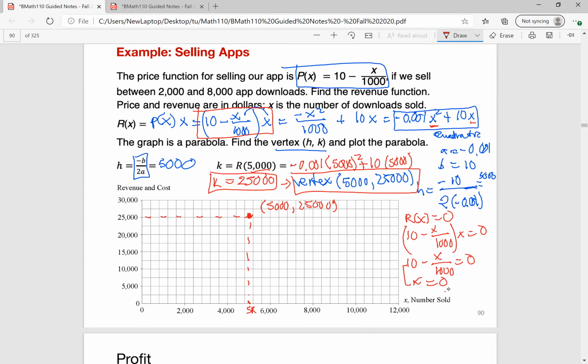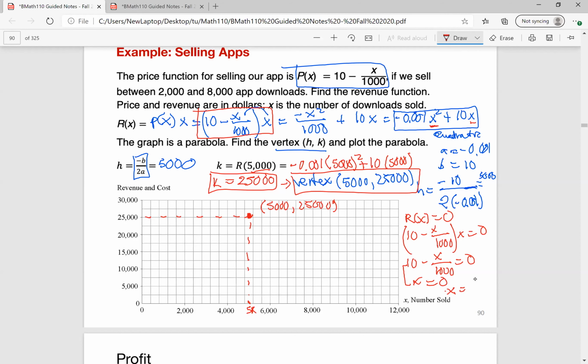The first case will give you x equal to, multiplying by 1,000 on both sides, 10,000. So 10,000 and 0. You have 10,000 as the last one.